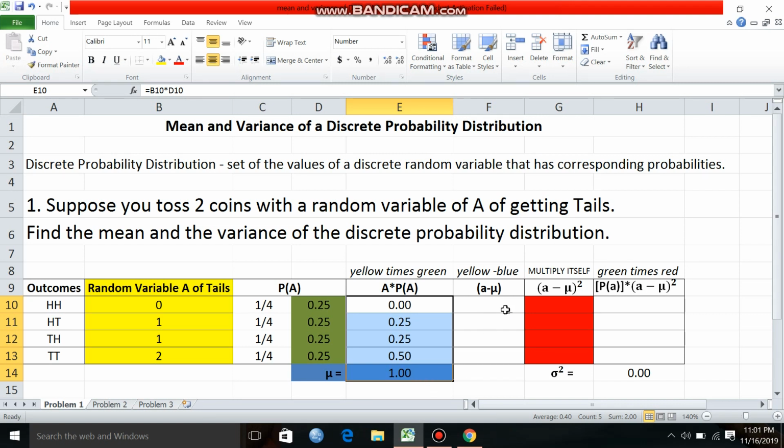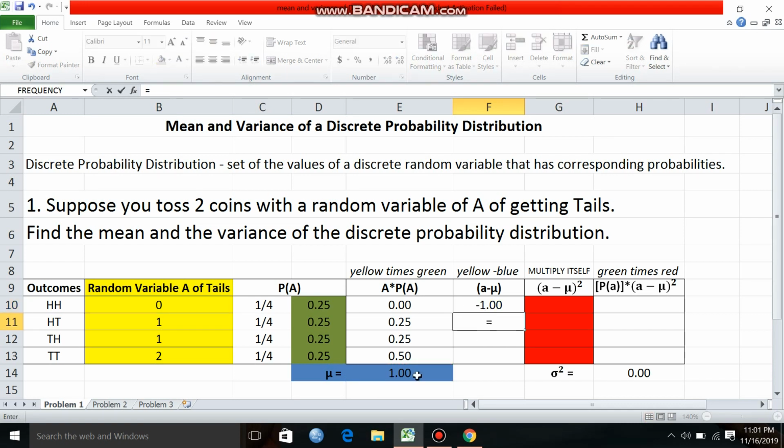Now for the variance, we first subtract the mean from all the random variable values. So we have 0 minus the mean, which is -1.